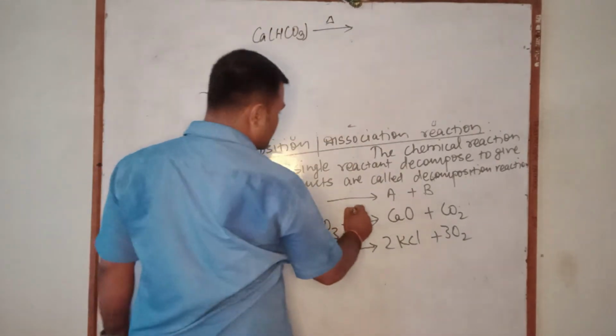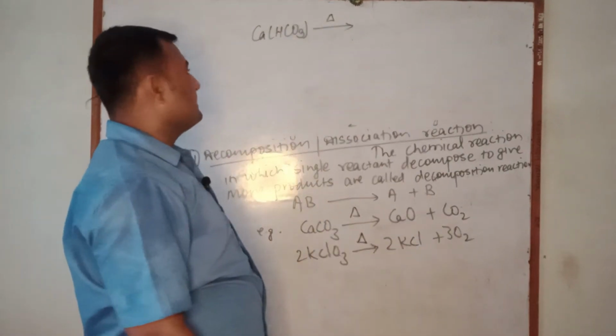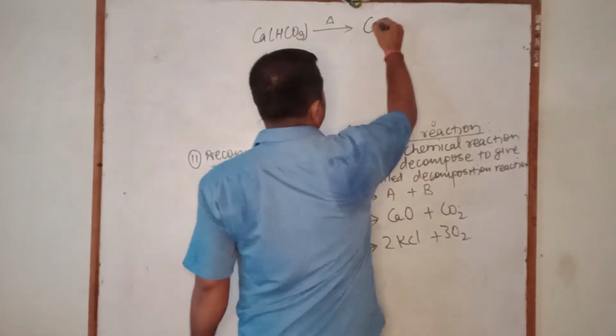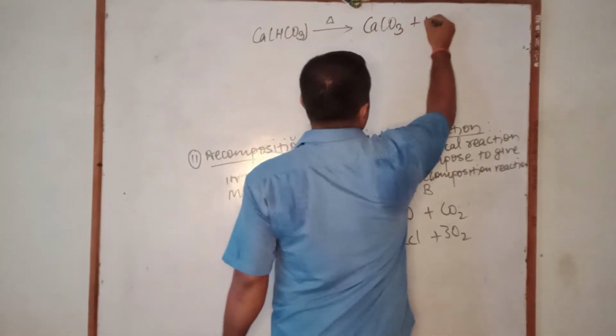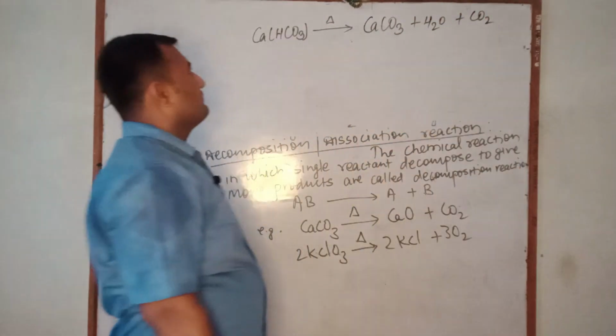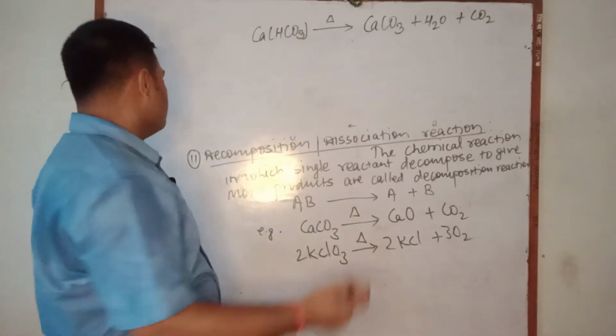Generally a decomposition reaction needs some external energy. It decomposes in the presence of heat. That gives calcium carbonate, water and carbon dioxide. And such types of chemical reactions are called decomposition.